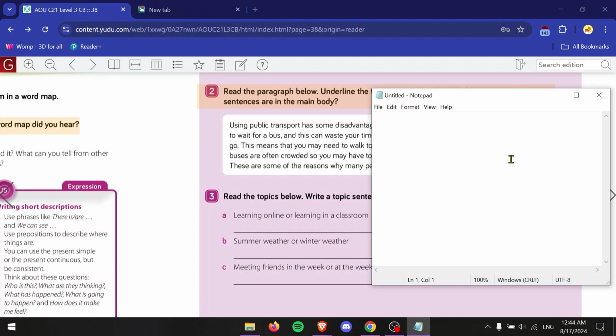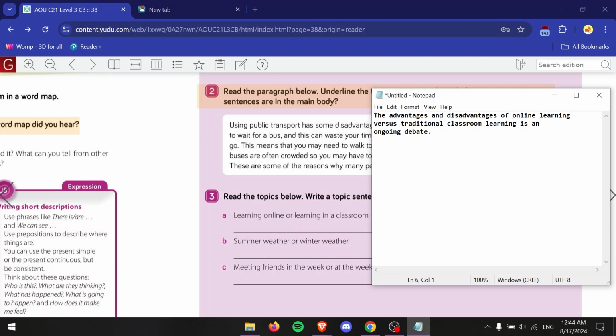A topic sentence could be something like: the advantages and disadvantages of online learning versus traditional classroom learning is, I'll say something like, an ongoing debate. This is the first topic sentence.